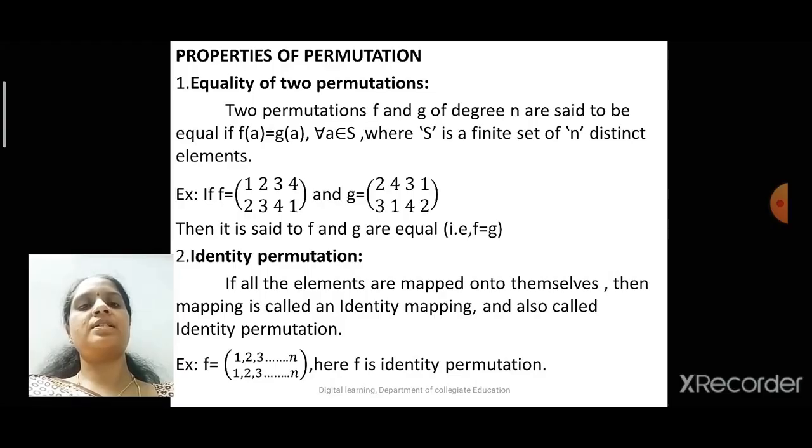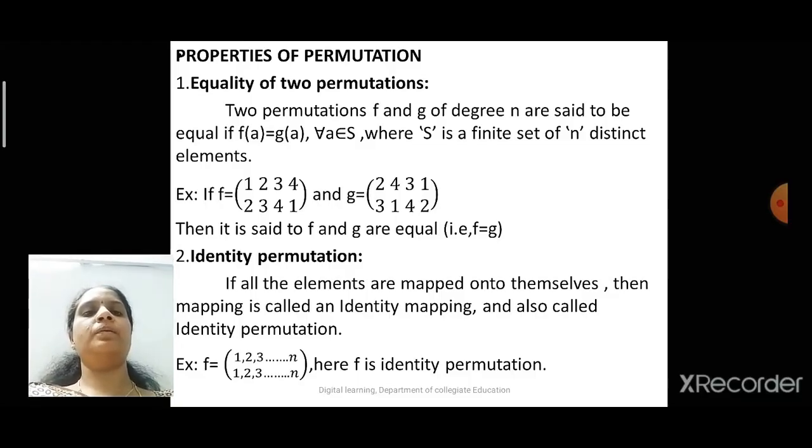If f is 1, 2, 3, 4 and 2, 3, 4, 1, and g is 2, 4, 3, 1, 3, 1, 4, 2, you can observe the number of elements, or degree, of the two permutations, and f of a and g of a are both equal here. Therefore this type of permutation is called the equality of two permutations.